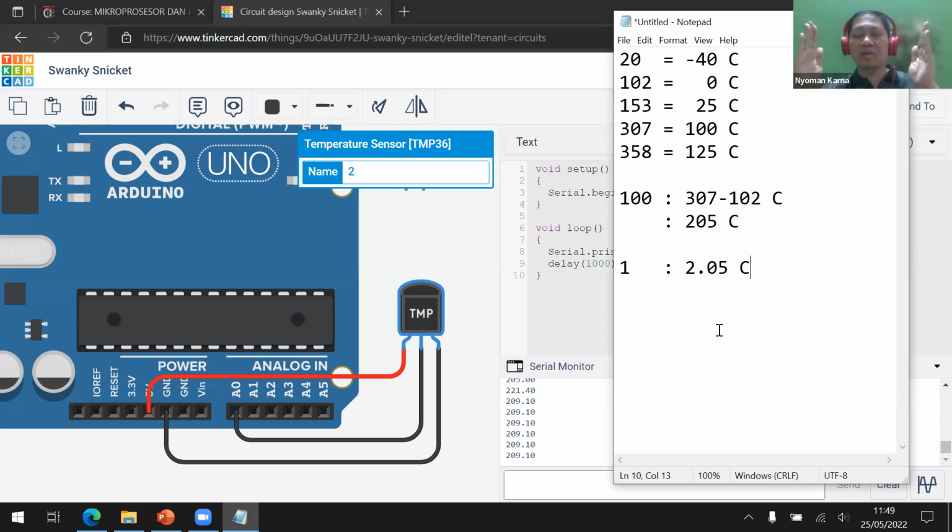However, we also need the shifting, because let's say the value reported by the TMP36 is, let's say, 100. That 100 will be multiplied by 2.05 to become 205.